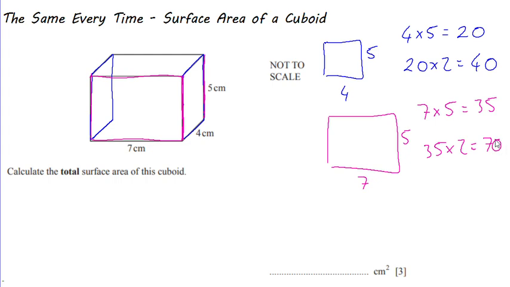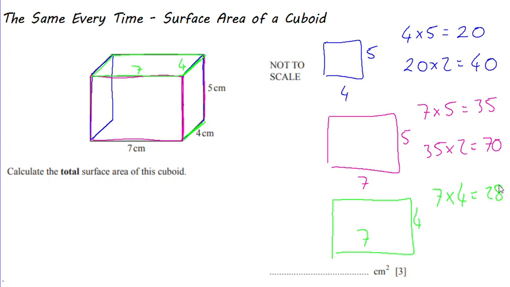Trying to do this one non-calculator. So let's look at the top because it's slightly better drawn, but the remaining faces are the top and the bottom. So it would be 7 that way, and it's going to be 4 that way, isn't it? So the top and the bottom is another rectangle, 7 by 4. So 7 times 4.